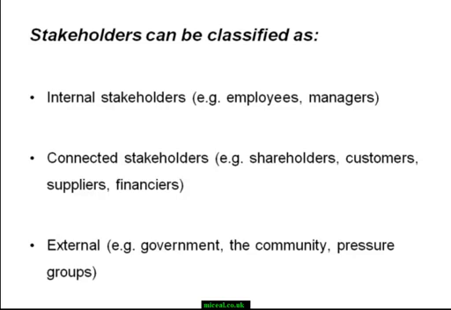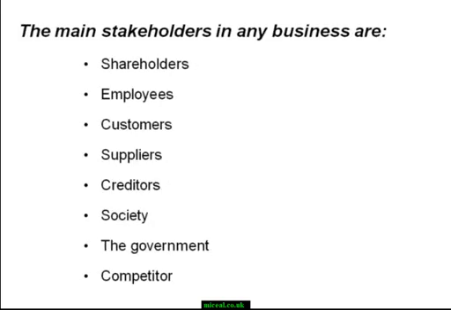Now, what we'll do in this session, in this class, is to give broad indications of the type of stakeholders there are, and in what way those stakeholders are connected to the organization. How are the stakeholders connected to the organization? So let's have a list of possible stakeholders.